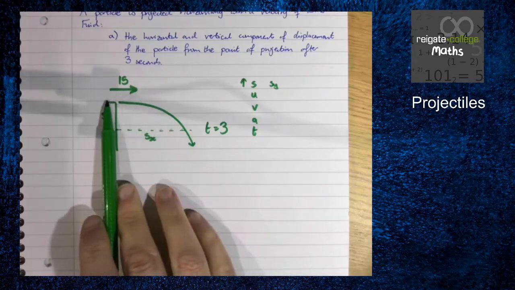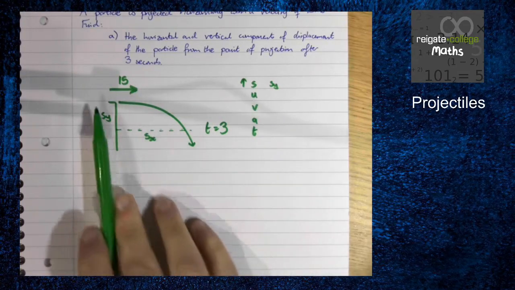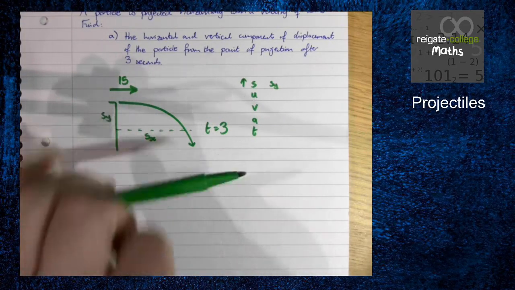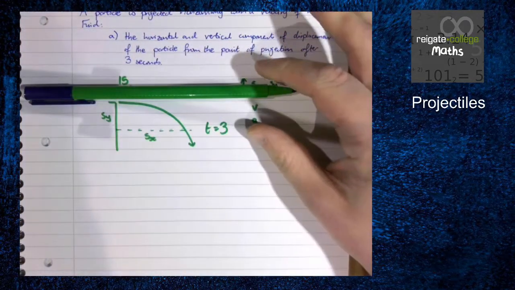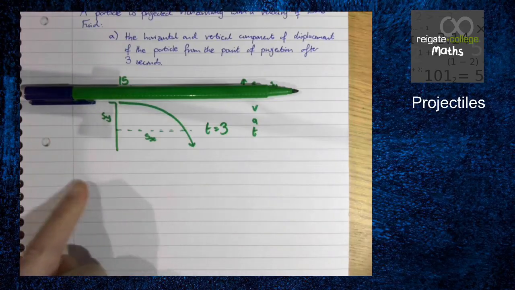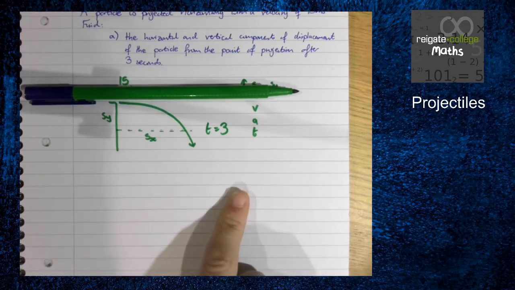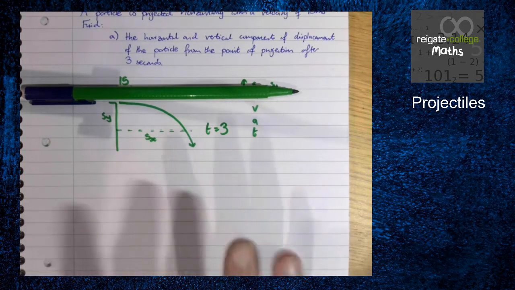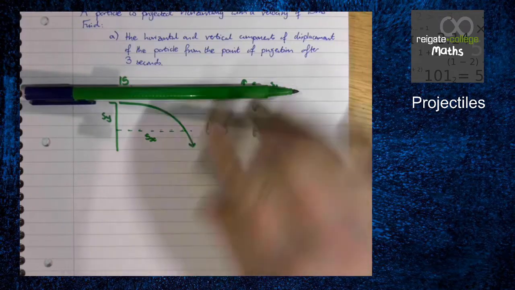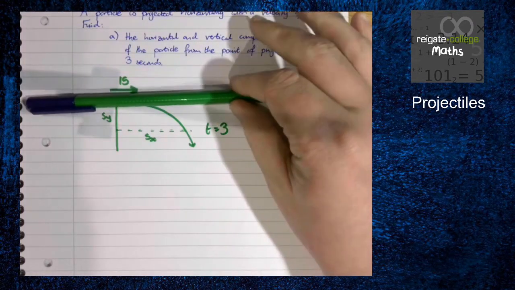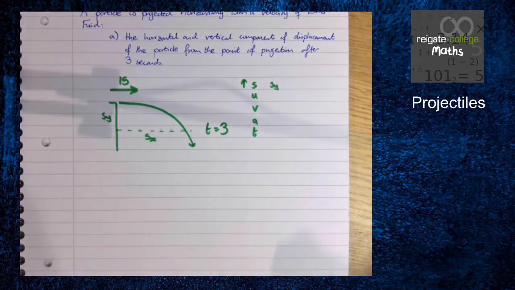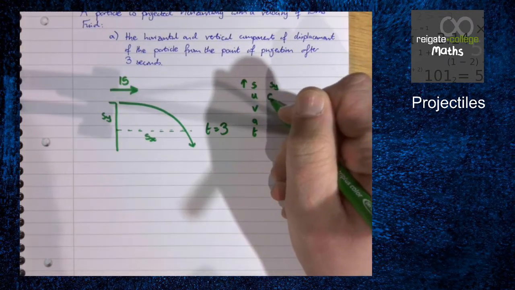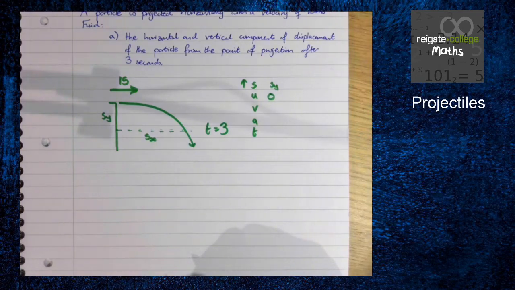The initial velocity vertically is 0 because we're told it's fired or kicked or projected horizontally, which means it's initially going only horizontally. No matter how quickly after it's projected it starts to move down, at the very point of projection, at the start, it's only moving horizontally. So the initial velocity vertically is 0.